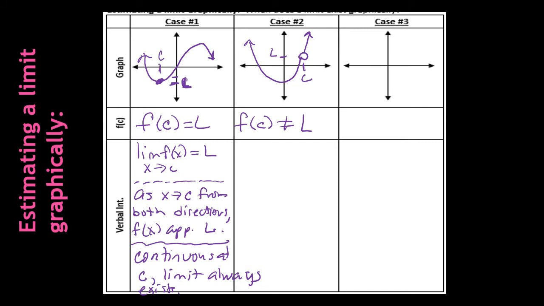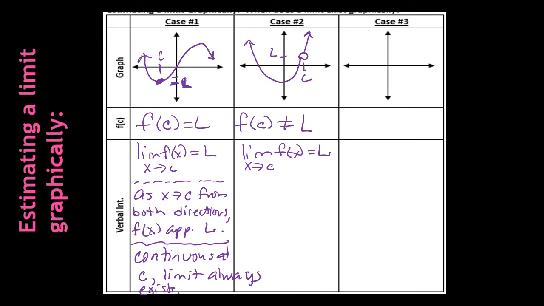This is a case where we had a factor that we were able to cancel, the numerator with the denominator, and reduce that to 1. But if we think about the limit and the word approaches, as x approaches c from both the left and the right, the y value of this function is approaching L.